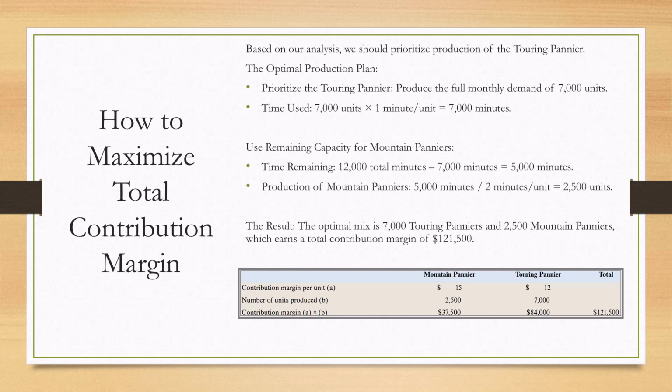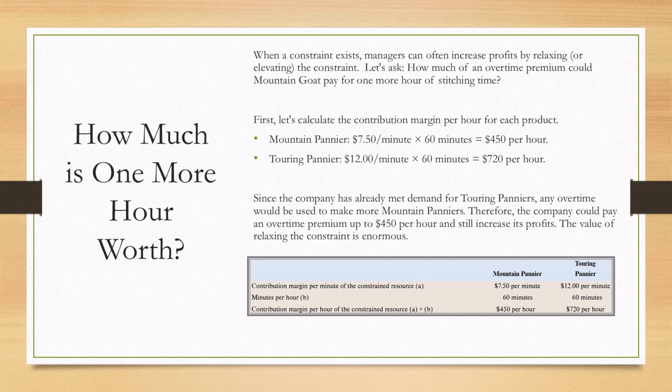Since each mountain pannier takes 2 minutes, we can produce 2,500 units. The result of this optimal mix, 7,000 touring panniers and 2,500 mountain panniers, is a total contribution margin of $121,500. When a constraint exists, managers can often increase profits by finding ways to relax or elevate that constraint.